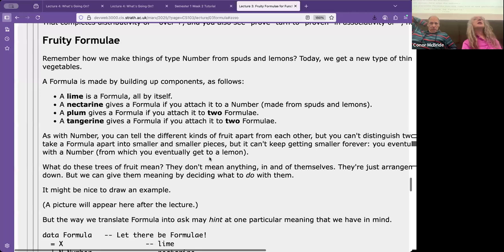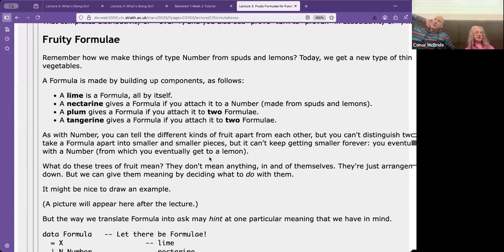which is about formulae. I haven't been to the veg shop, and also limes, nectarines, plums, and tangerines are quite juicy, and I'd end up making the bench all sticky if I actually built these things.